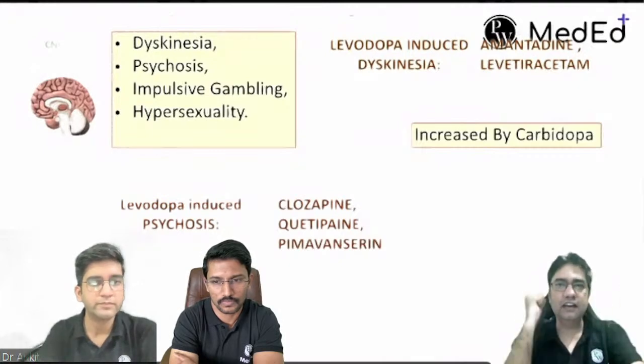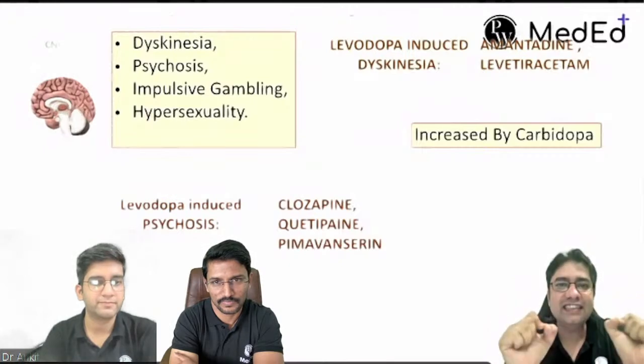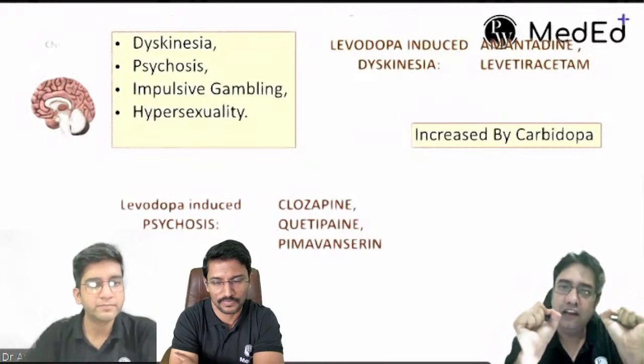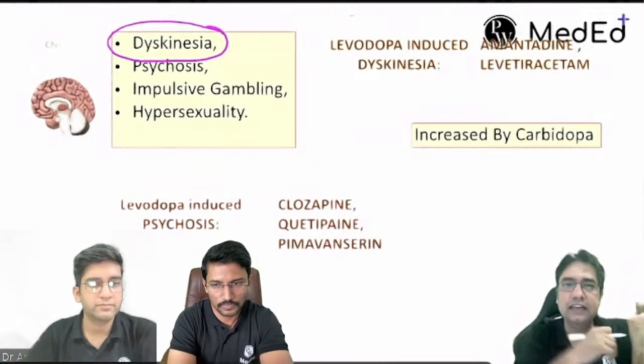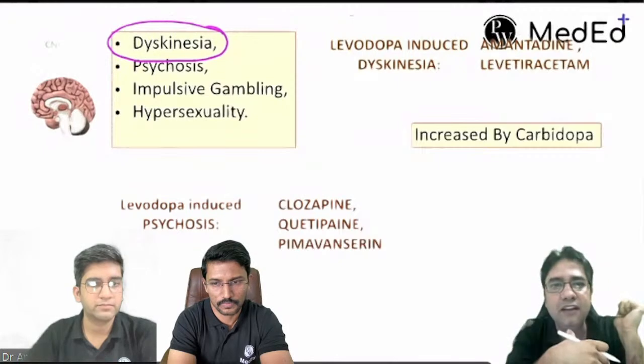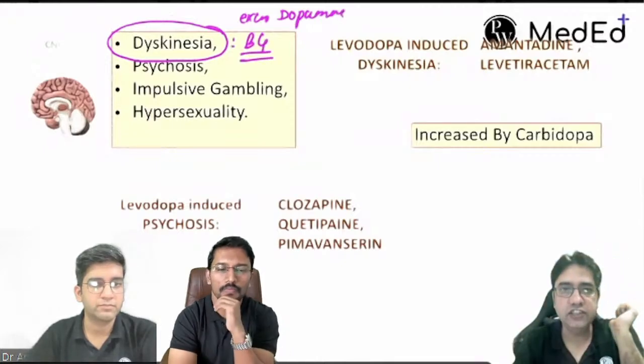A person will start dancing. So this is abnormal, excessive movement that can occur with levodopa, which is known as dyskinesia. That is abnormal or excessive movement because of excess of dopamine in the same area, basal ganglia, where dopamine was deficient.